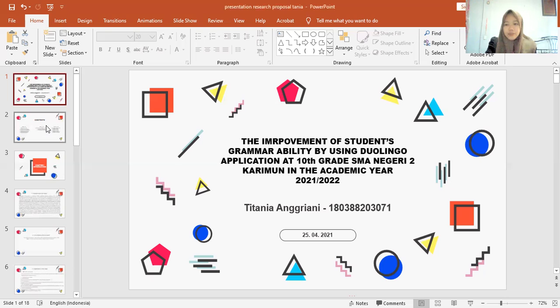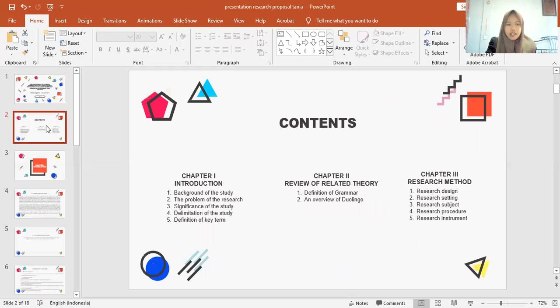So we move to the contents. There are 3 chapters. The first is chapter 1, introduction. There are background of the study, the problem of the research, significance of the study, the limitation of the study, and the last definition of key term.